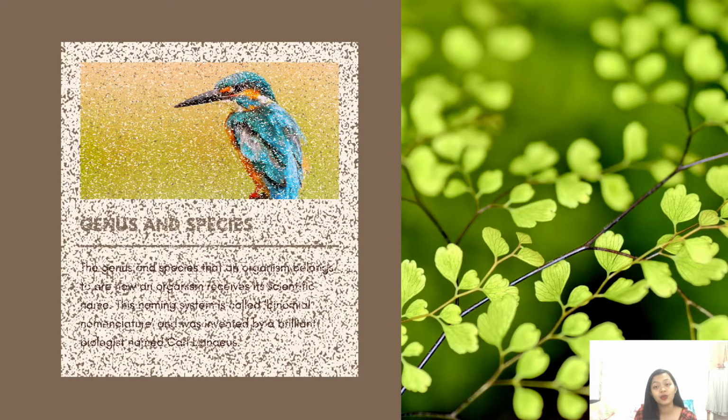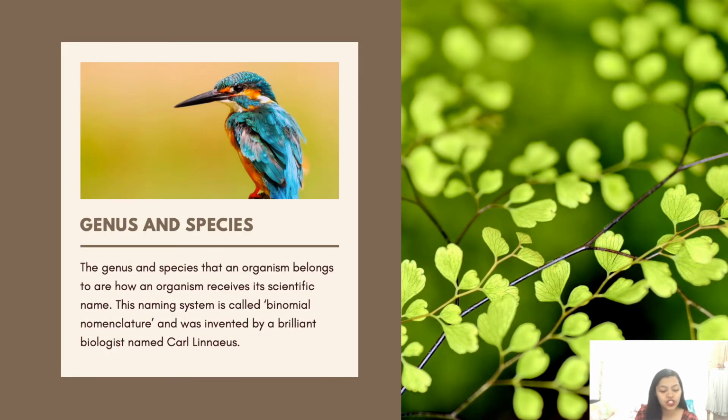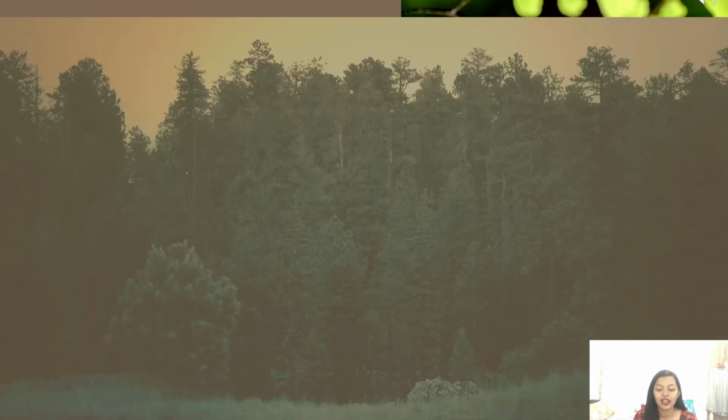And then lastly, we have the genus. The genus and then the species of an organism is how an organism is named or given its scientific name. This is called the binomial nomenclature, and it was invented by Carl Linnaeus, which we will discuss later.